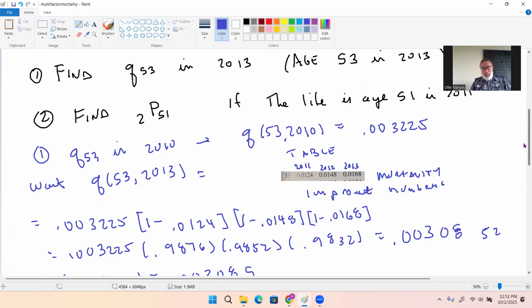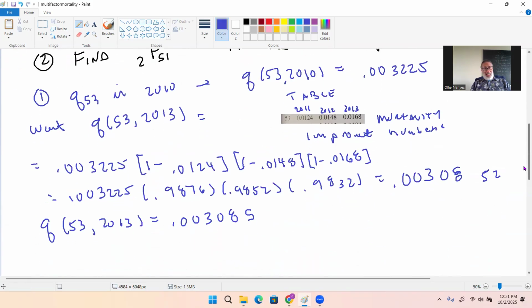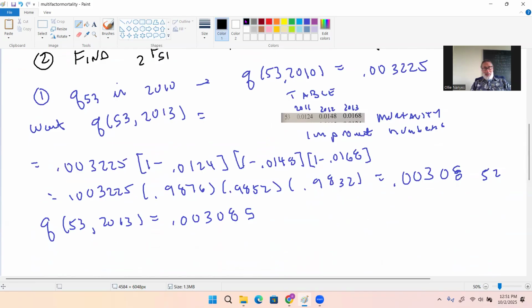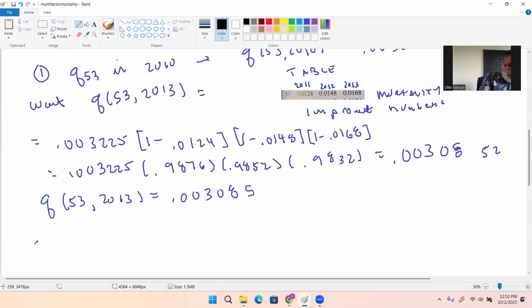Second tutorial question: if we have a life age 51 in 2011, what's the probability that the life survives to 53? In that case, the person who's 51 survives to 52, and then goes from 52 to 53.